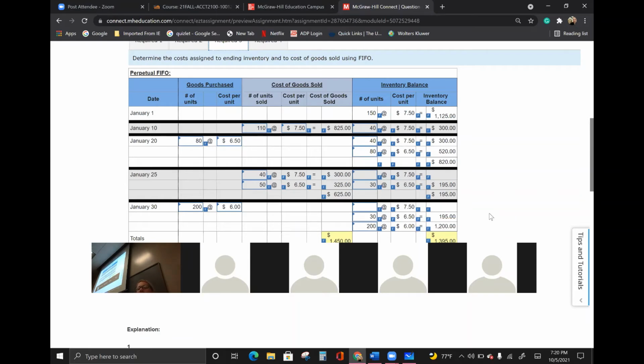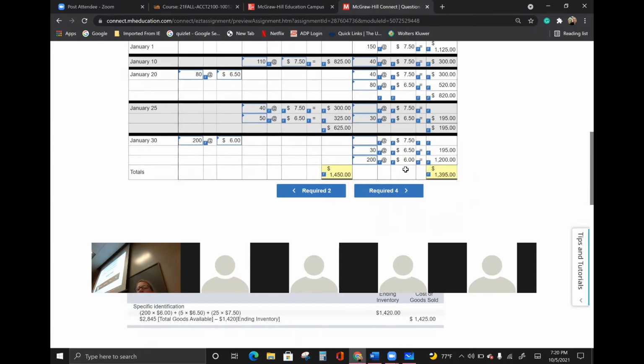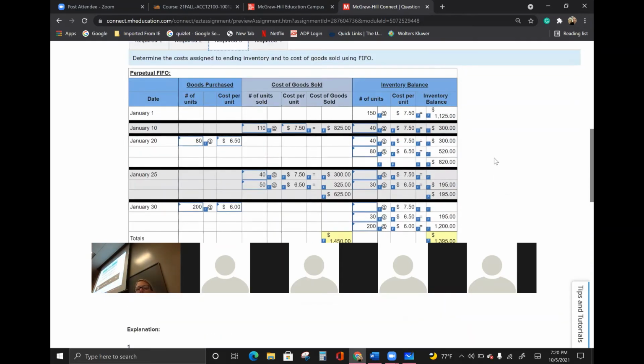Okay, so my ending inventory, this is what I have left. I have 30 units at 650 and I have 200 at the $6. So you see how we sold those first units? So this is walking through how to do it. But remember with FIFO, you can use either method.